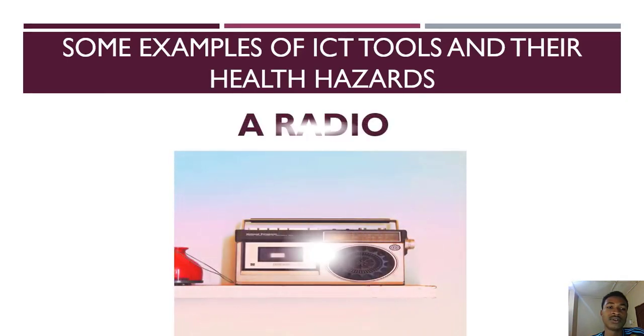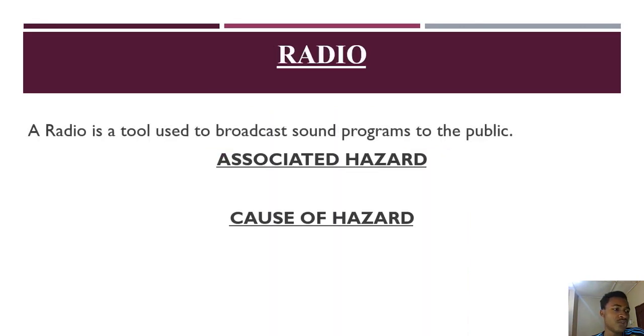First of all, let's talk about the radio. A radio is a tool which is used to broadcast sound programs to the public, and sometimes serves as entertainment to an individual or the public.